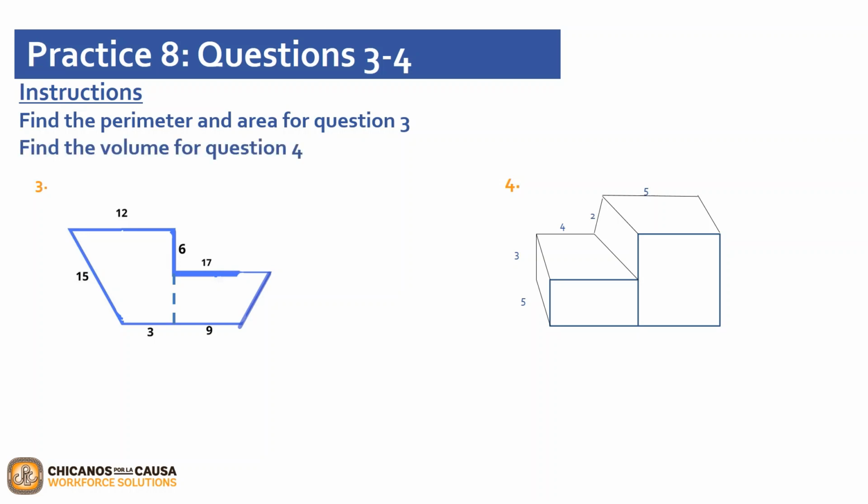So take a few minutes to complete these questions. If you need some assistance, go back to the previous slides, or if you need some assistance with the formulas to find volume, perimeter, and area, I would suggest going to the previous lessons as well. And don't forget to use your book. So take a few minutes, and when you're ready to come back to review them together, go ahead and press play.